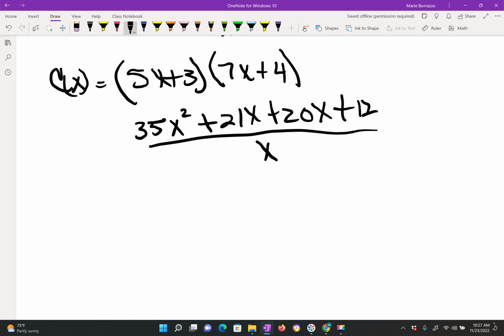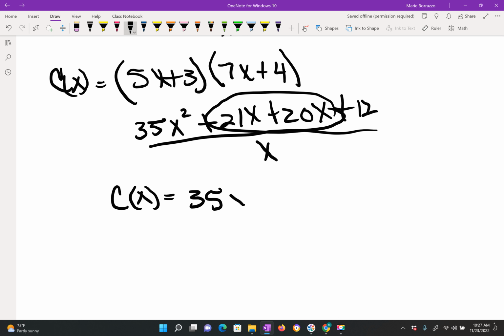And if we consolidate this, once we gather like terms and divide by x, C of x leaves us with 35x plus 41 plus 12 over x. Remember, I'm simplifying x's.